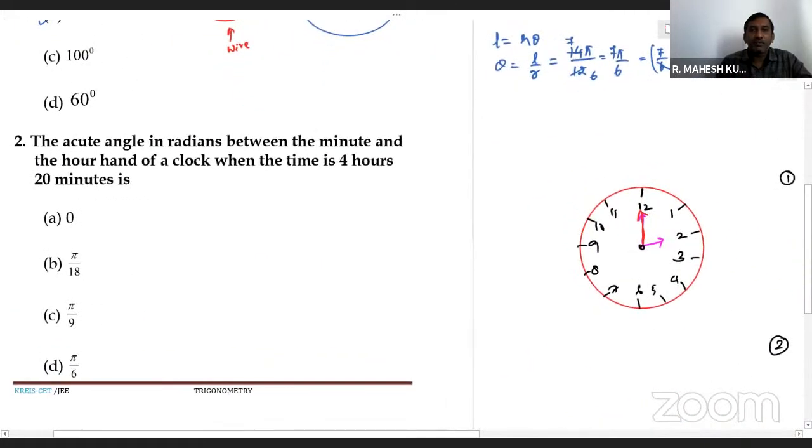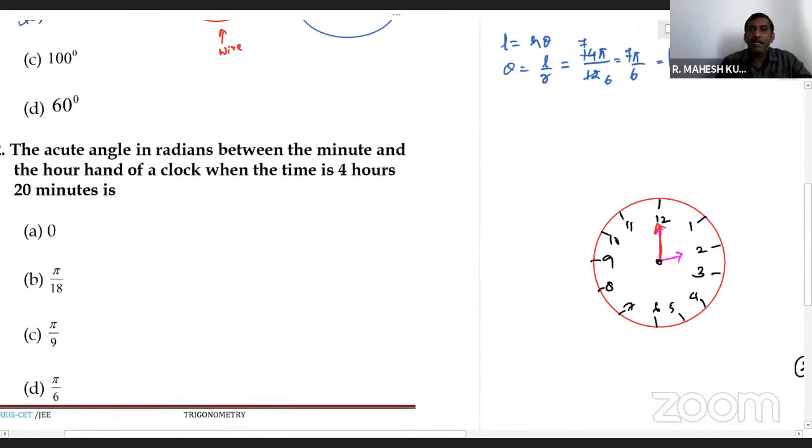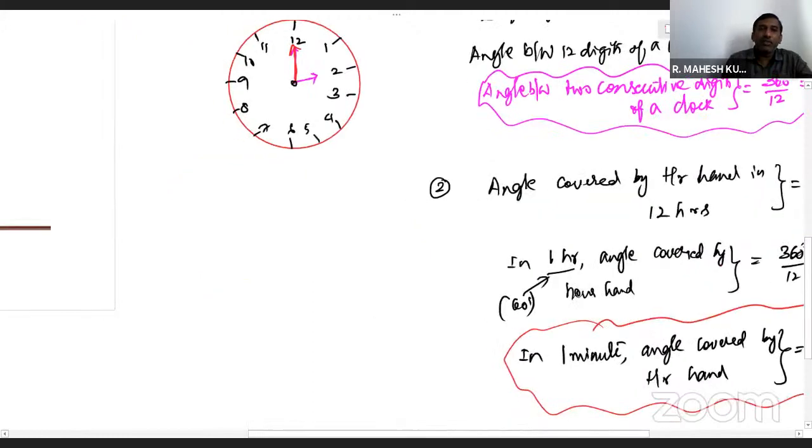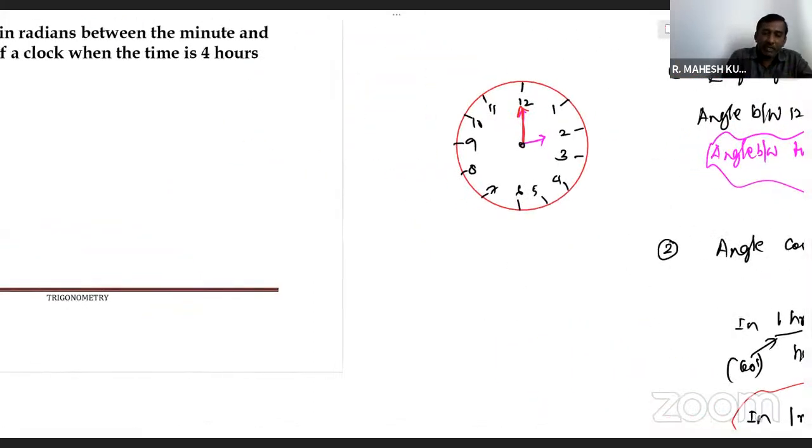Question number 2: the acute angle in radians between the minute hand and hour hand of a clock when the time is 4 hours 20 minutes. Understood? Observe, at 4 hours 20 minutes, you should first identify the position of the hour hand and minute hand.